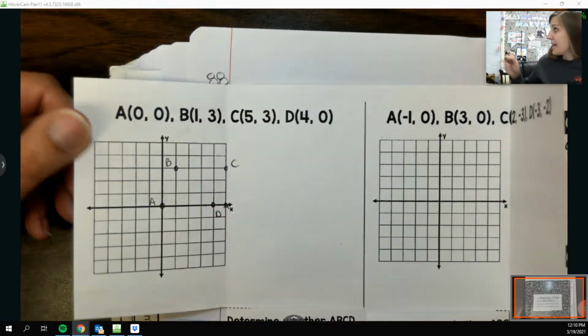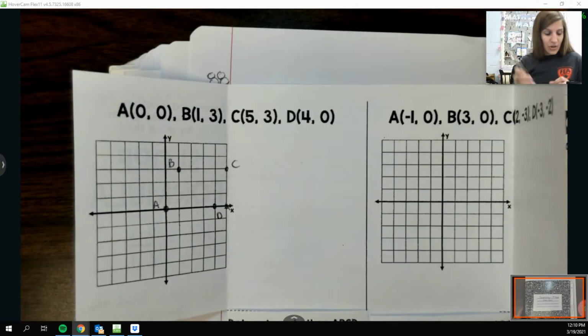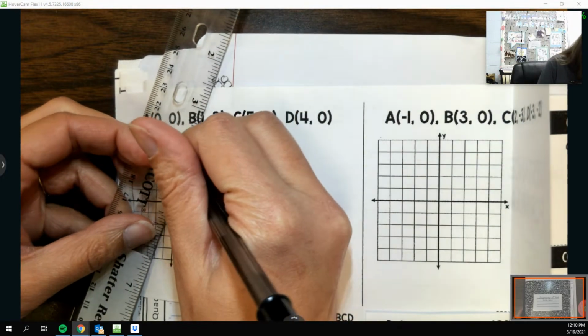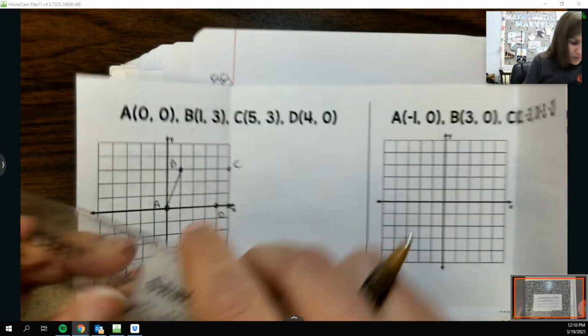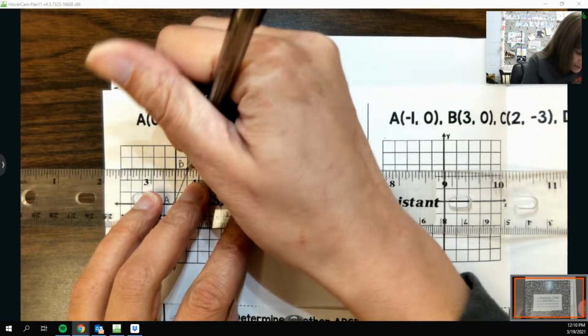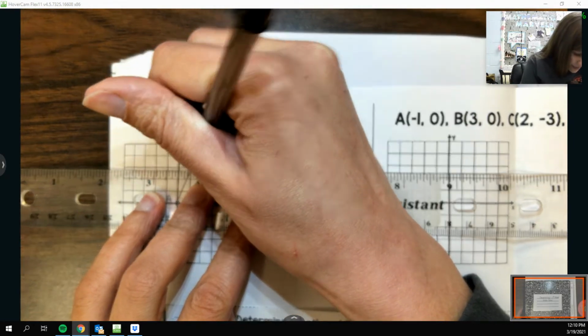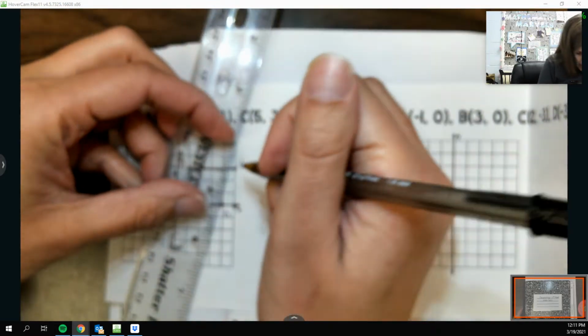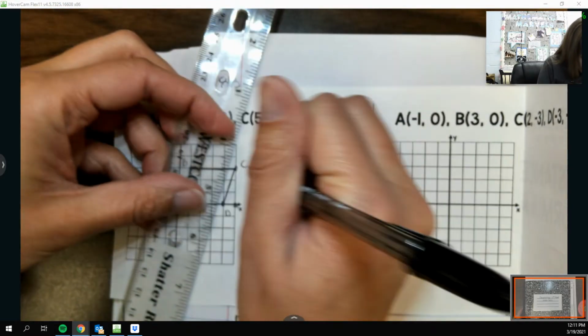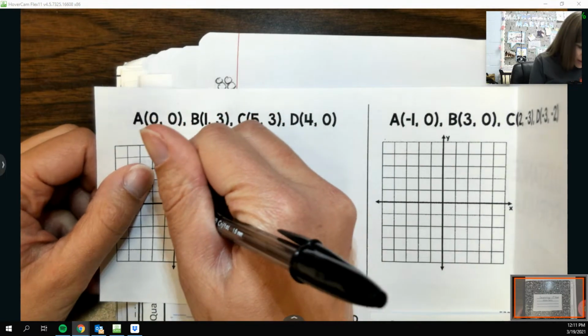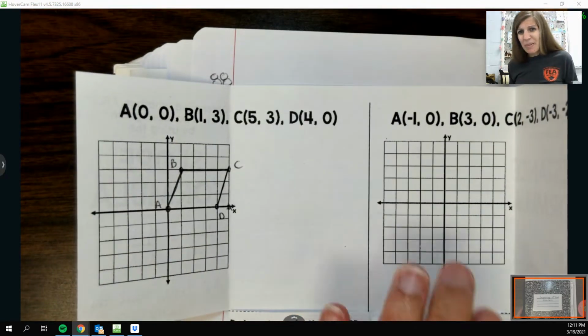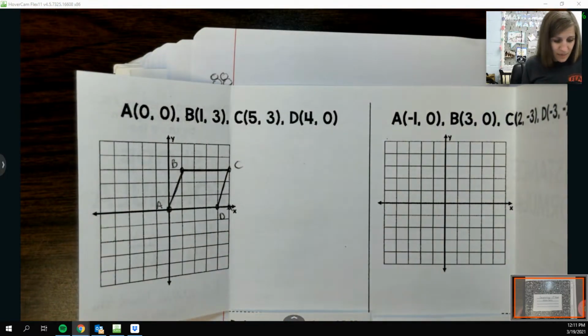Looking at that little cutie right there, let me get a little straight edge. To me, it looks like a parallelogram. Anything that's like a slanty rectangle, I always think of as a parallelogram. But it could be better than that. So let's just find out.